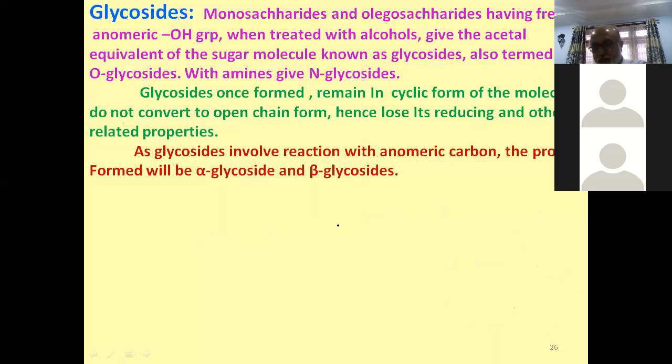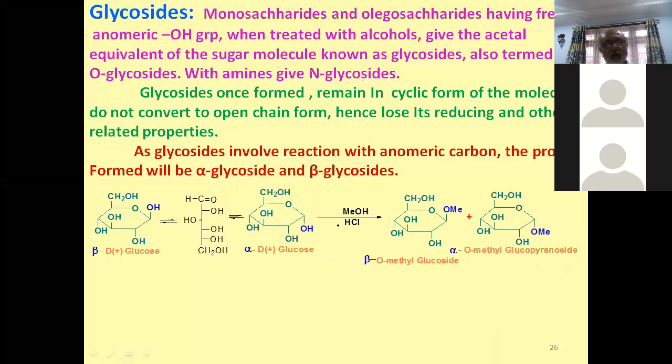So from this, just come to the reaction. Now you see here, this is our alpha, because once it is in solution, it will have both beta and alpha converting to one another through this open chain form.